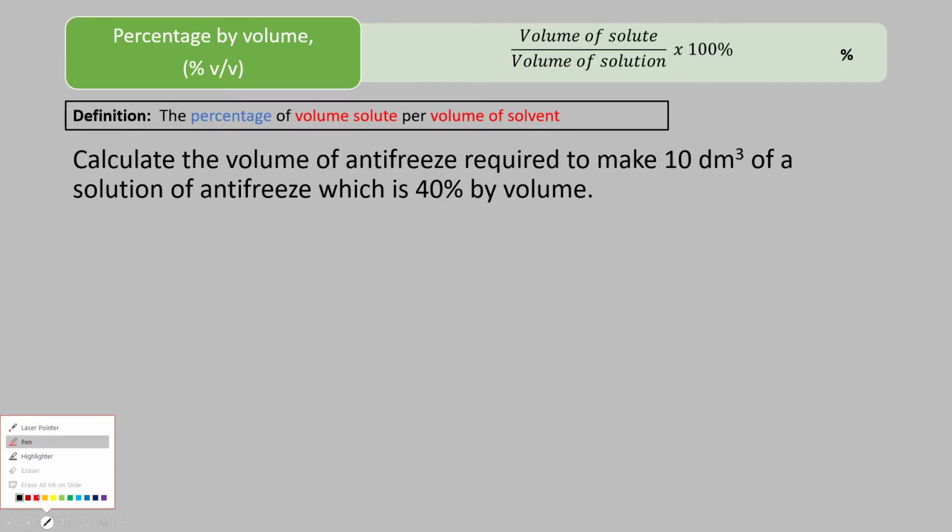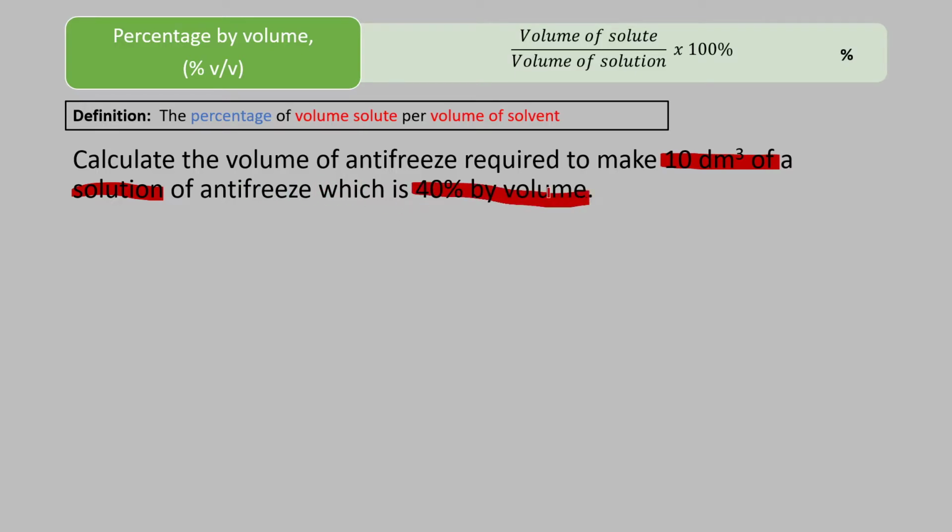Calculate the volume of antifreeze required to make 10 dm³ of solution, where the antifreeze is 40% by volume. Let's practice what I said earlier. You highlight the information in yellow to make. Just pretend this is yellow. So we have 10 dm³ of solution and antifreeze which is 40% by volume.